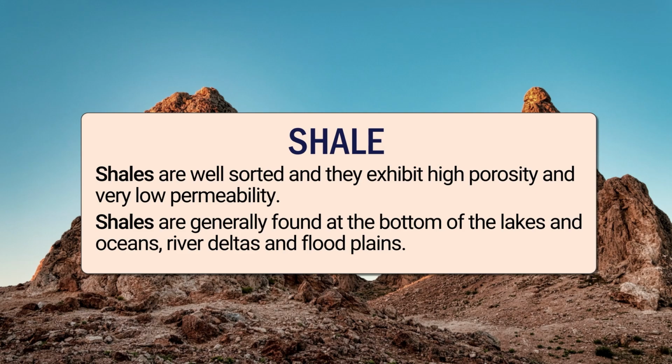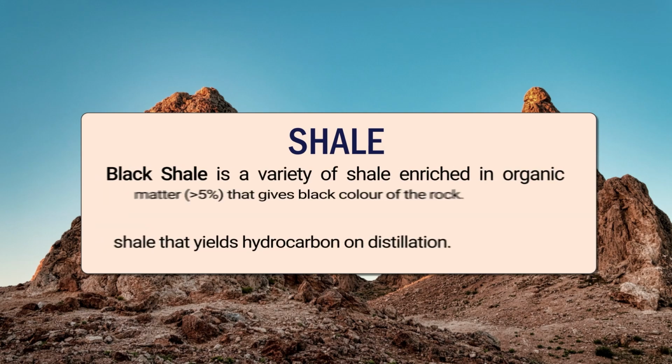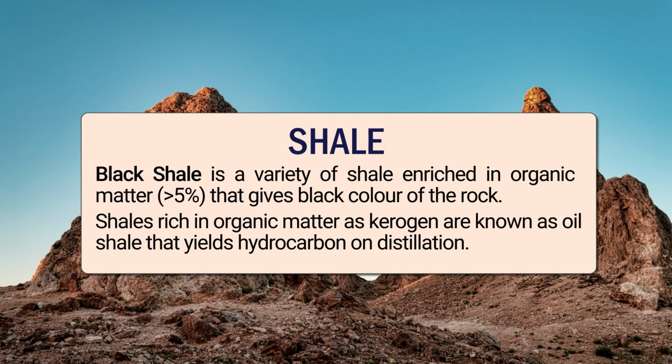Shales are well sorted and exhibit high porosity and very low permeability. Shales are generally found at the bottom of the lakes and the oceans, and even in river deltas and flood plains. There is a variety of shale that is black in color. They are enriched in organic matter, which gives the black color to the rock.